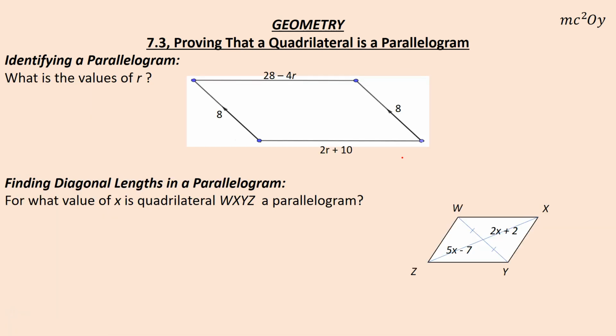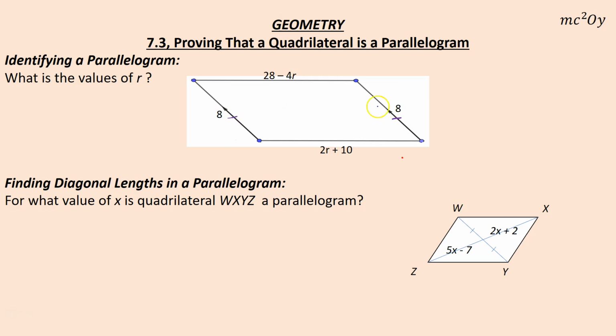Okay, go ahead and find the value of r in this shape. First, we have to look at it and see what type of shape it is, and noticing that one set of opposite sides are parallel, and that same set has congruent side lengths, or equal side lengths.